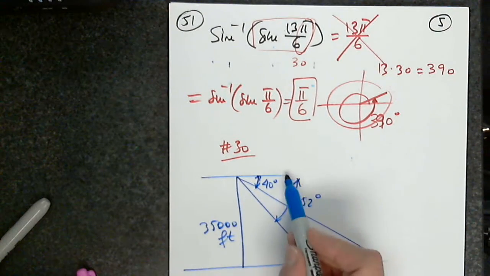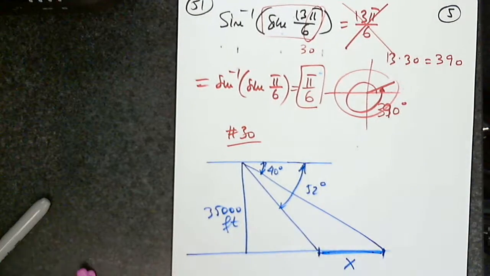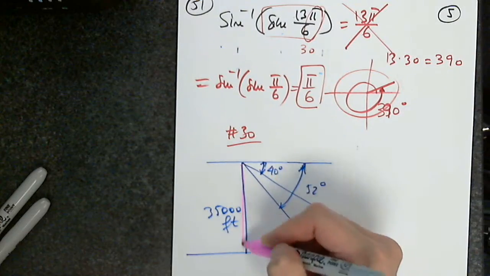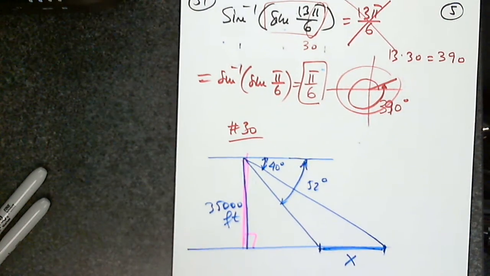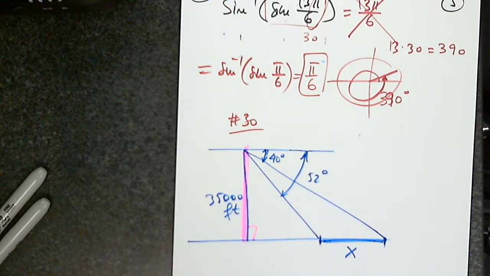So the question is this. Obviously, this is a 90-degree angle, and that's the height, the 35,000 feet.